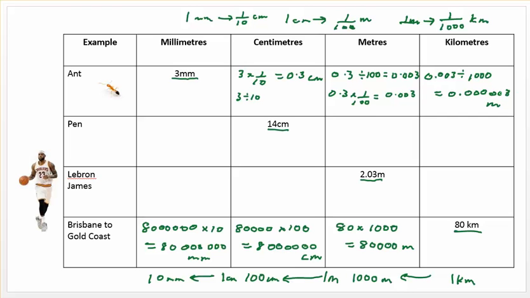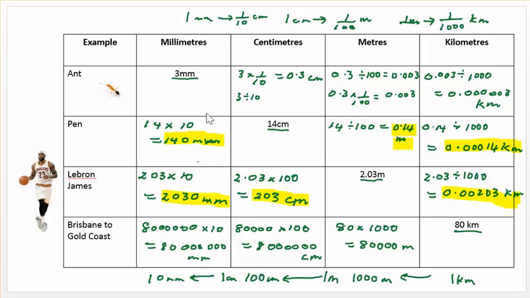So there, 3 millimetres is about 3 millionths of a kilometre. Okay, you can try the rest, and when you're ready, just pause the video now, try the rest, and then come back and check your answers.